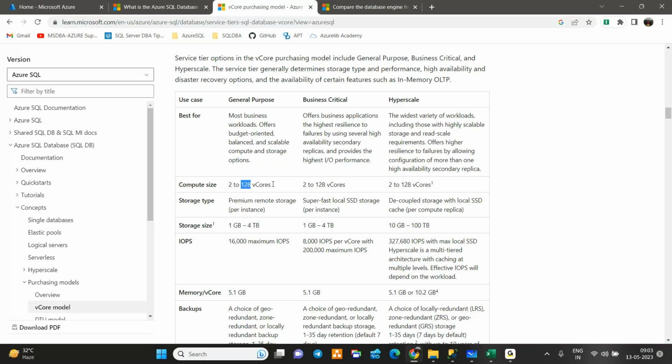Minimum is 2 cores, maximum is 128 cores.